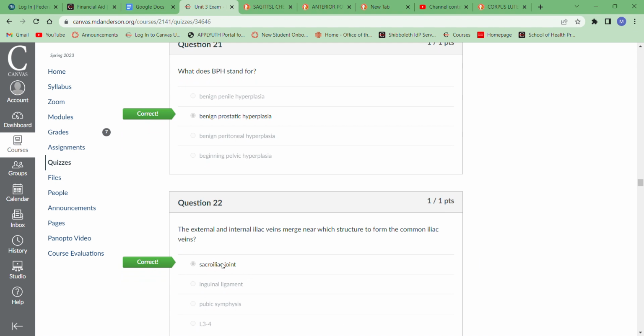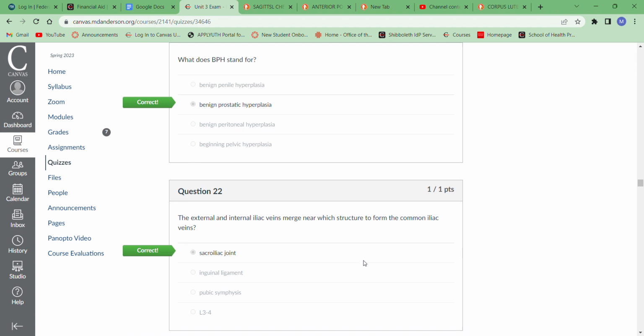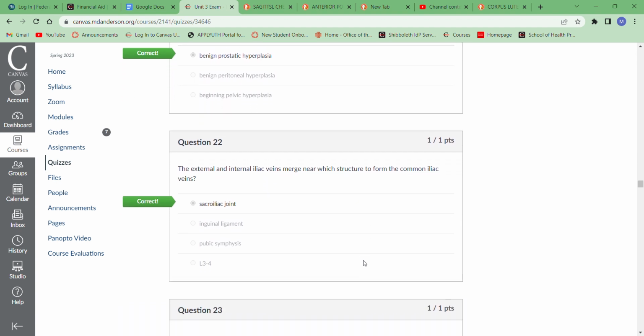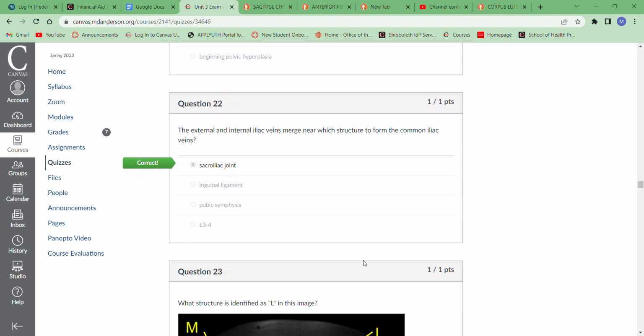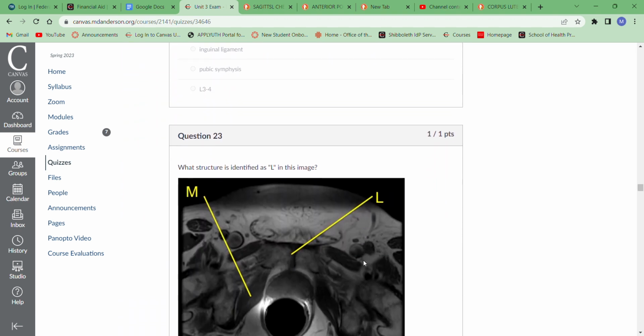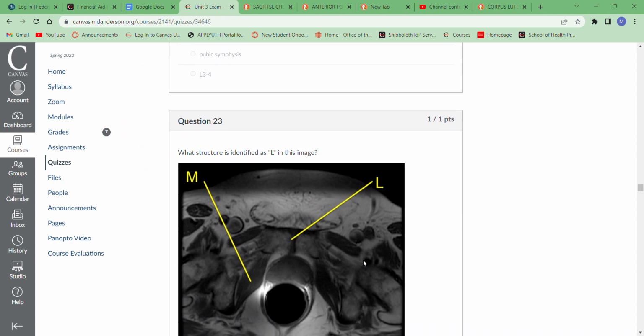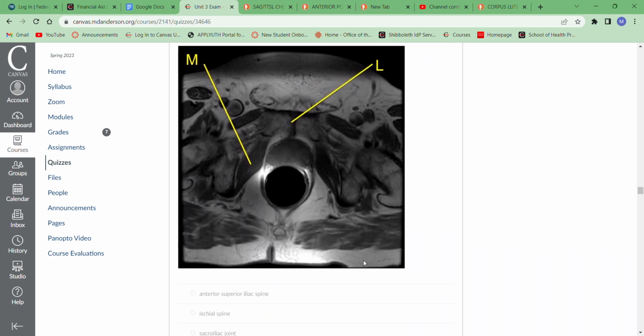The sacroiliac joint. I think I guessed on that one, but now we know. What structure is identified as L in this image? Pubic symphysis.